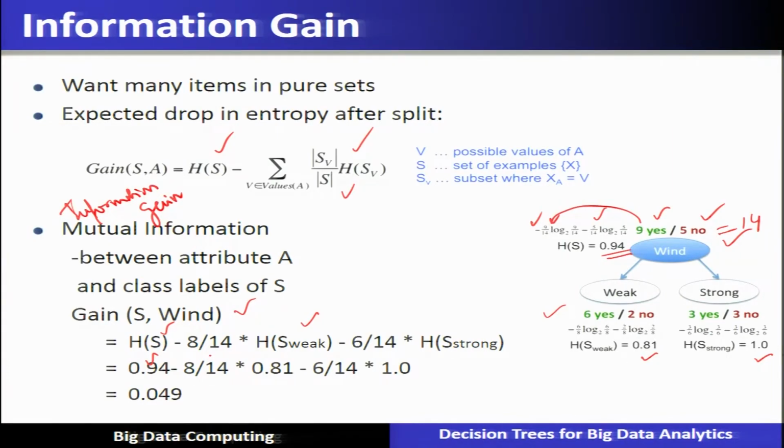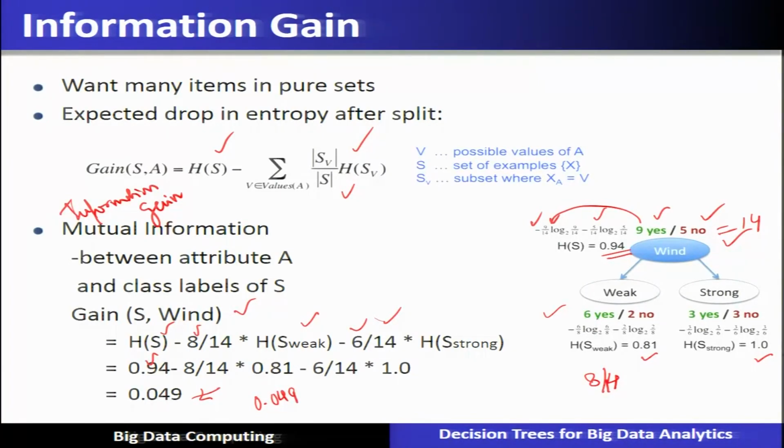So the total number of samples, if we count here, is 14, and out of 14, for the weak case we are taking only 8, so 8 divided by 14, and for strong it is 6 divided by 14, and if we evaluate, the gain comes out to be 0.049.